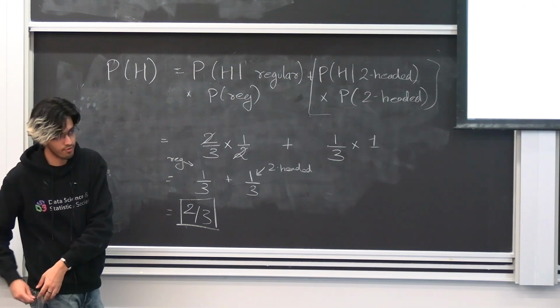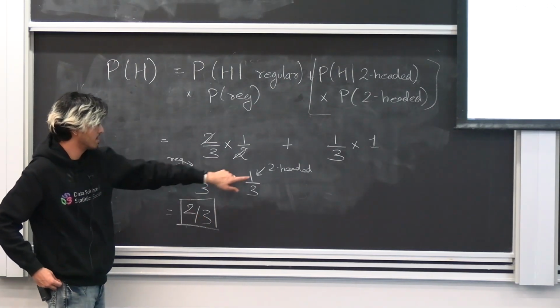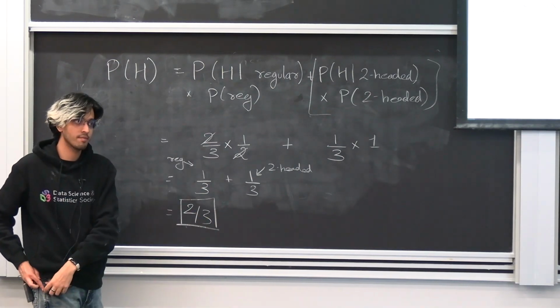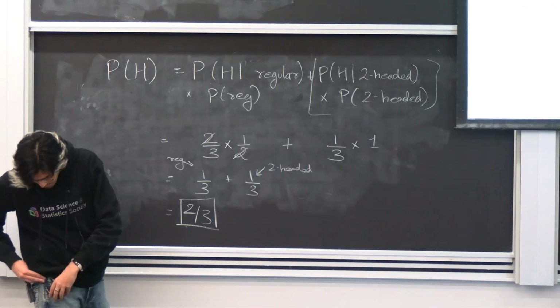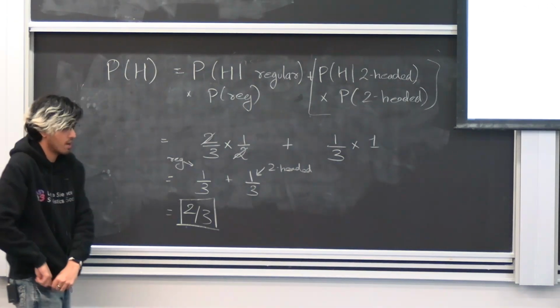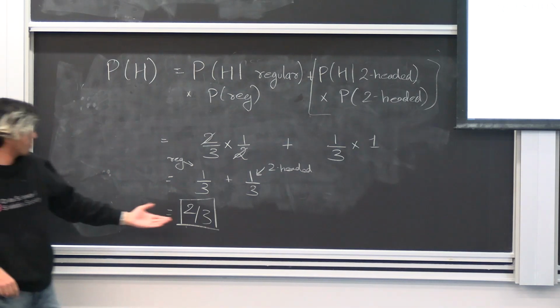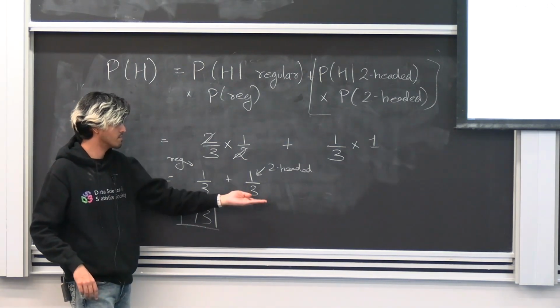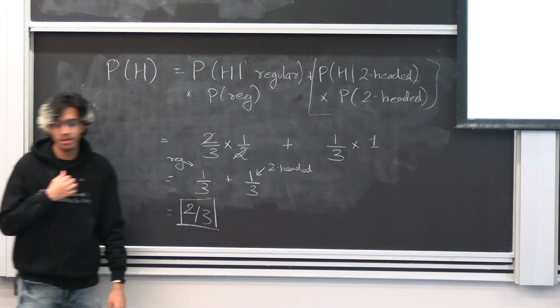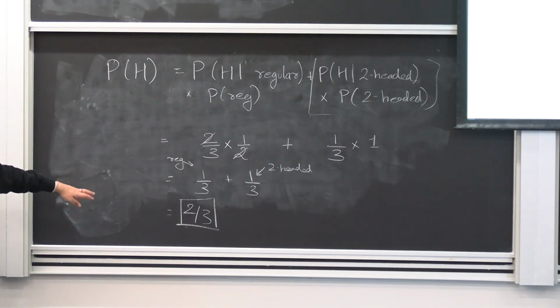We're talking about proportions. So half of this 2/3 came from the two-headed coin. So that's the intuition behind it. The question is asking, what proportion of this probability came from the two-headed coin? And we just take the ratio. So we take 1/3 divided by 2/3, and you get half.